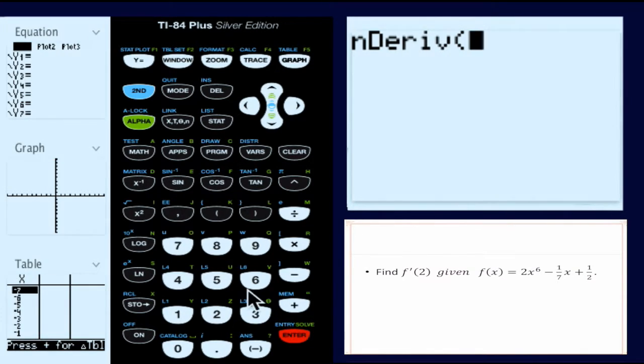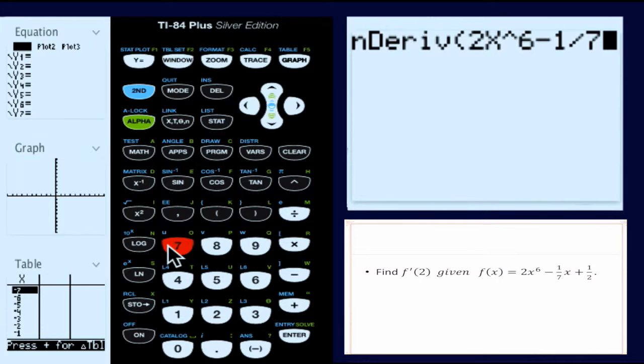So here we go. We're going to type in the function first, 2x raised to the 6th. So exponent 6. Now remember, I'm in classic print, so it's not going to look like an exponent, but the exponent button is there, so that is actually the exponent 6. It's x raised to the 6th. Then I'm going to subtract 1/7, so 1 divided by 7.